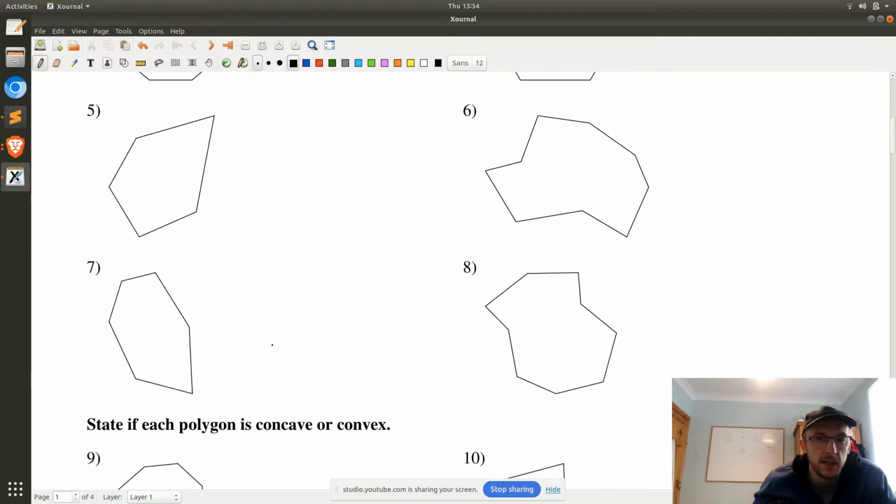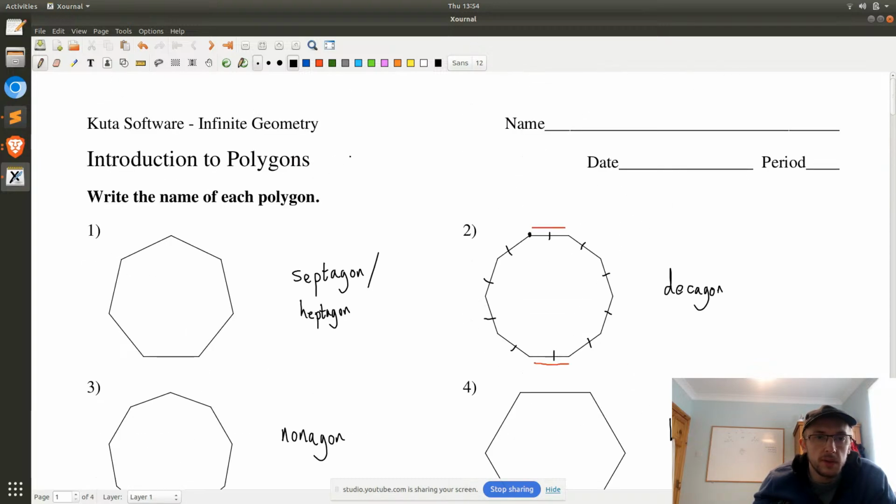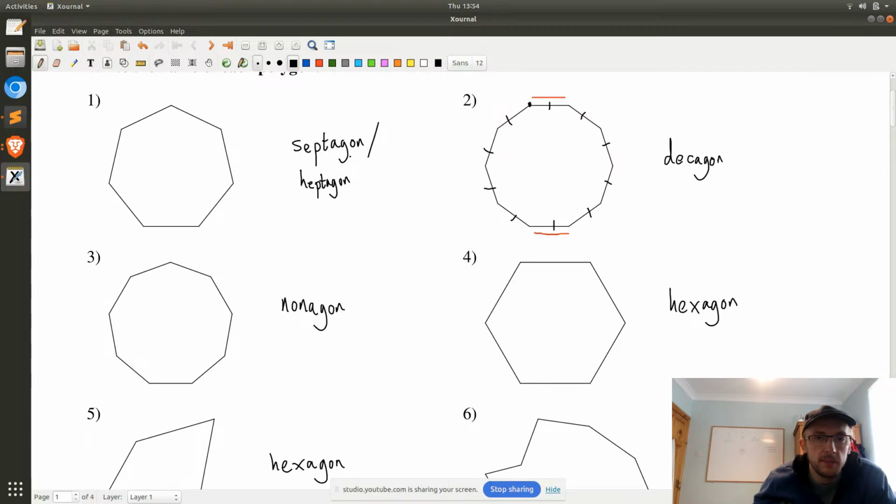And now they become irregular. So this is an irregular hexagon. Oh, do we have to say the name? Say that they're all regular when they're regular? I believe so.